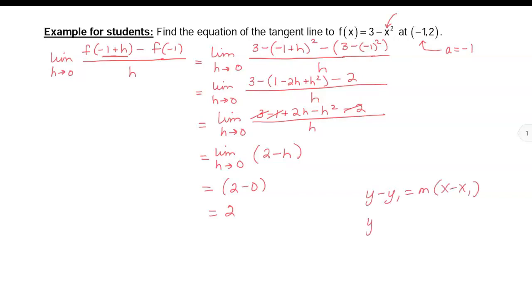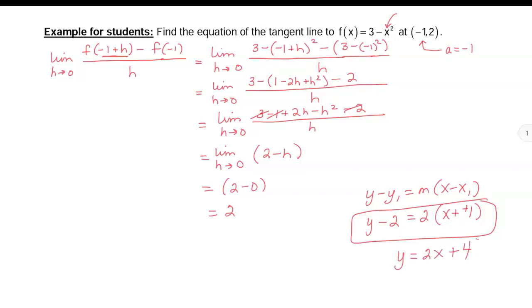So that would be y minus 2 equals 2 times x minus negative 1. So you could write that as x plus 1. You can leave your answer like this, or if you like to write it in y equals form, you would get y equals 2x plus 4.